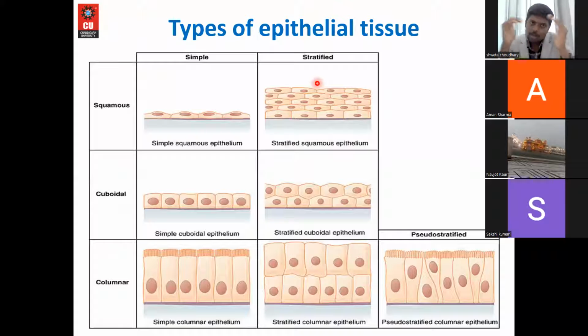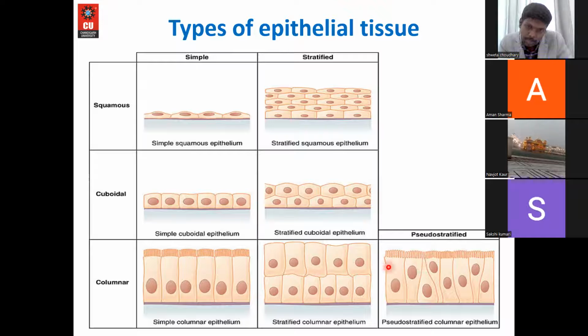So now you got it. A single layer is called simple squamous, simple cuboidal, or columnar, whereas multilayer is called stratified squamous, stratified cuboidal, or stratified columnar. Now there is a third type of tissue which is only a single layer of cells, but it resembles multilayered cells. Such tissue is called pseudostratified epithelium.